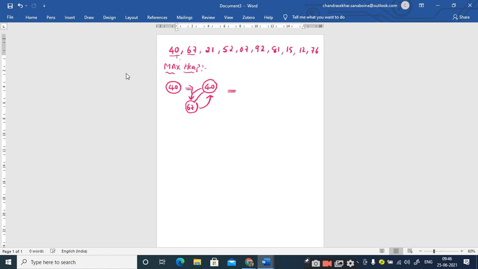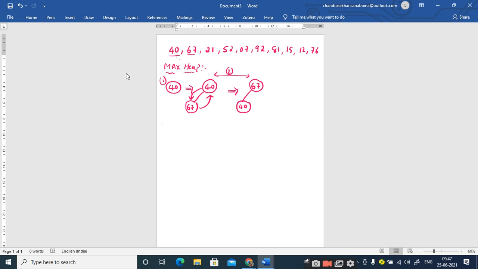So after swapping, what do I get? 67 is moved to the root node and 40 is placed as the left child of 67. Is it clear up to this point? Yes, sir. Right, so this is the first step, and these two constitute the second step. Am I right or not?